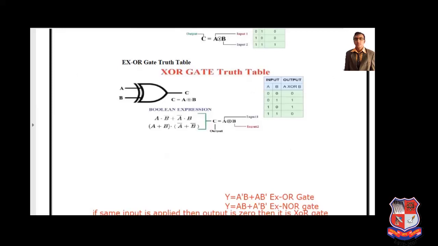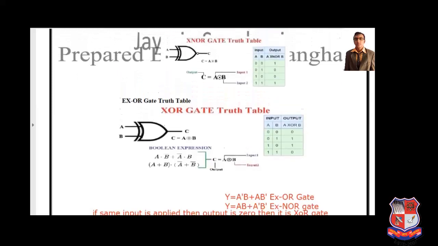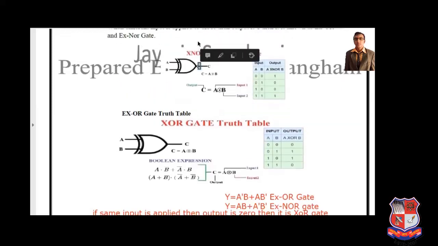See this, here XOR gate and here XNOR. Simply sketch the bubble. The bubble indicates the difference between XOR and XNOR gate. In XOR gate, the bubble is not included, but in XNOR gate, the bubble is included.